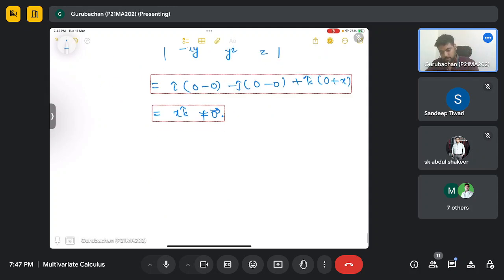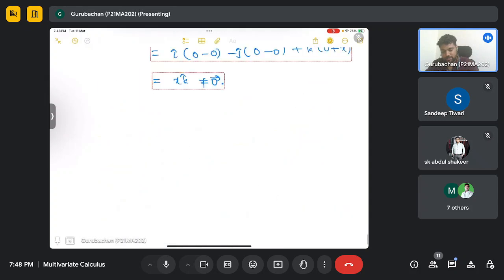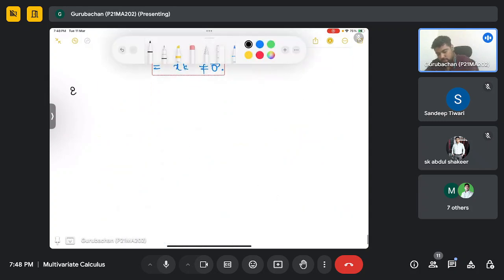Okay, so let me write one question related to some properties of gradient or divergence. Question number 8.